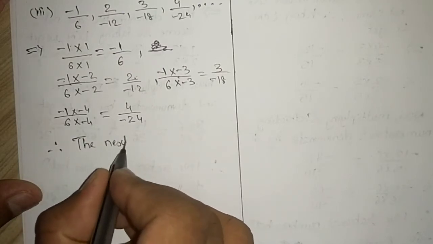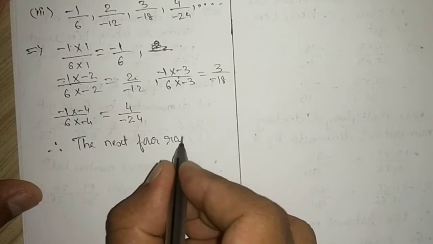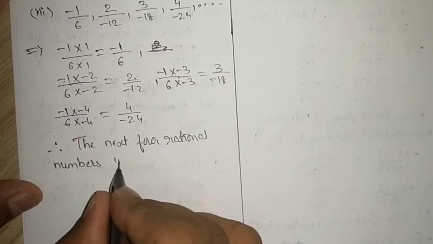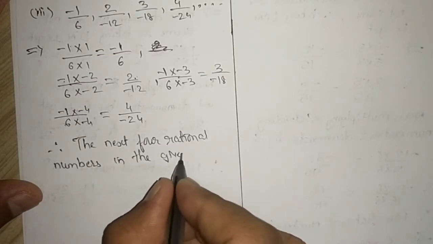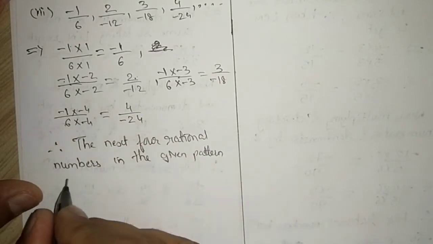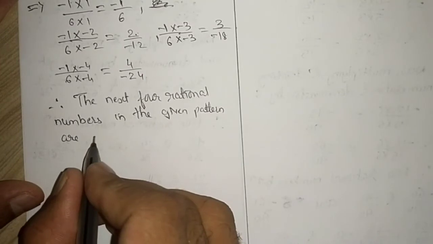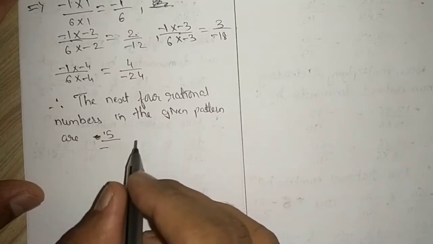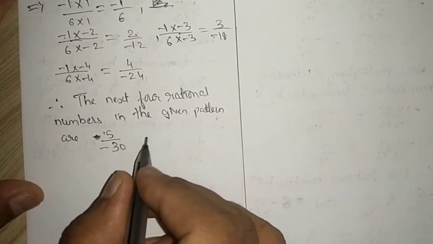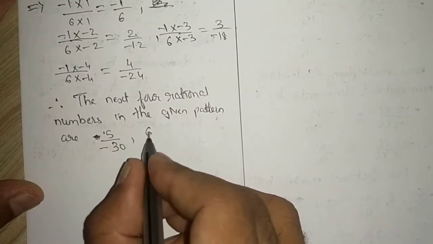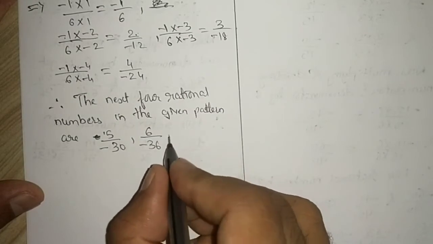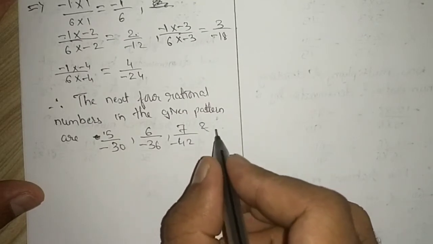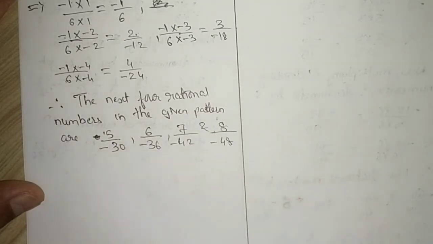Therefore the next 4 rational numbers in the given pattern are: it will be 5 divided by minus 30, 6 into 5 is 30. 6 divided by minus 36, 7 divided by minus 42, and 8 divided by minus 48 will be my answer.